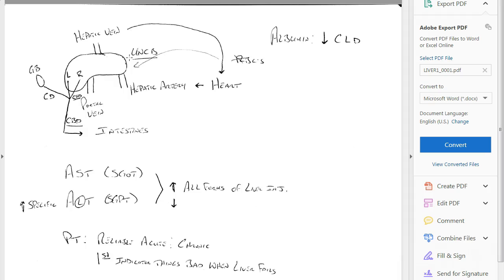That can be from a variety of things. It can be due to drugs, acetaminophen overdose, a pancreatic tumor, stone in the common bile ducts. All right. That'll cause everything to get backed up. It'll close off these hepatic ducts.